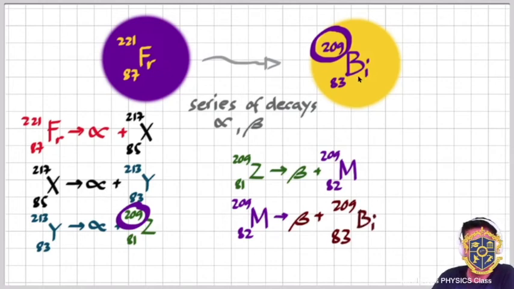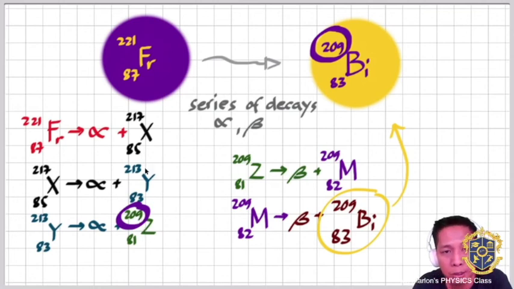What we have here is the result from the situation a while ago. From francium, with this specific nucleon number and proton number, one possible thing that happened was that it underwent a series of decays.